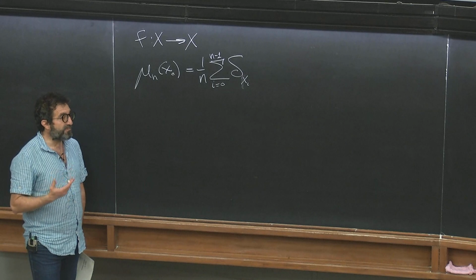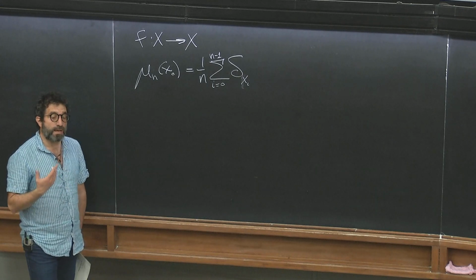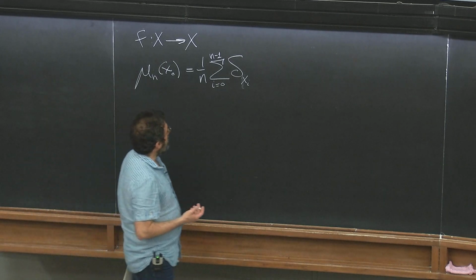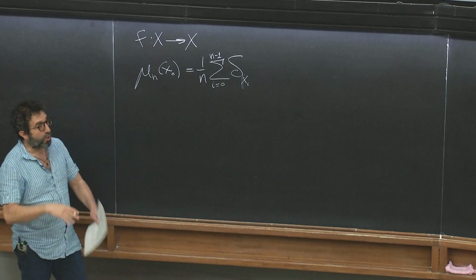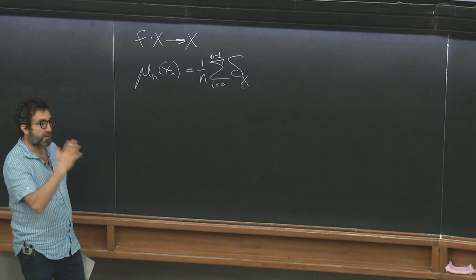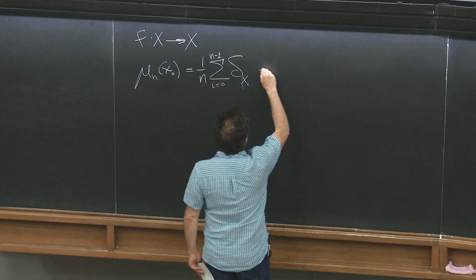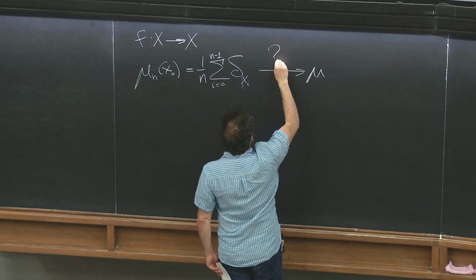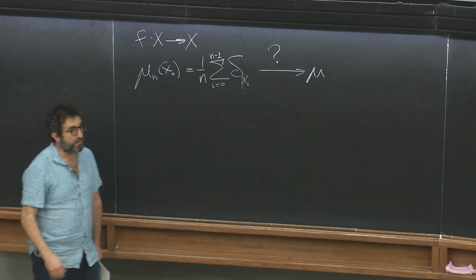I described, therefore, the fact that our goal is to perhaps show that in most dynamical systems this does converge. And perhaps there might be many initial conditions, or almost every initial condition, that converge to the same measure. So we're interested in the problem of this convergence. Does this converge to some measure?